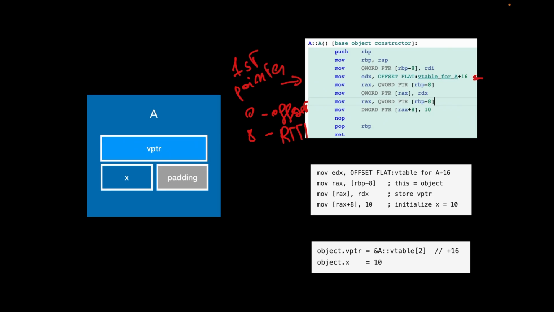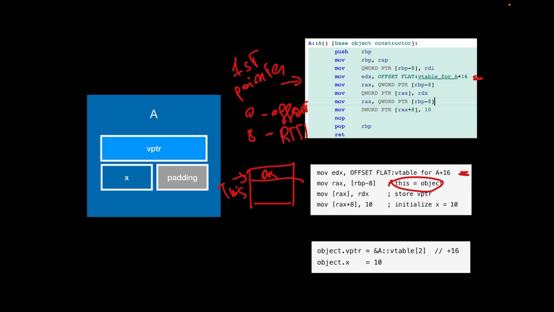After this call, the second part is that we are assigning this to the object. RBP-8 on the stack of our function holds a pointer, and this is the this pointer.